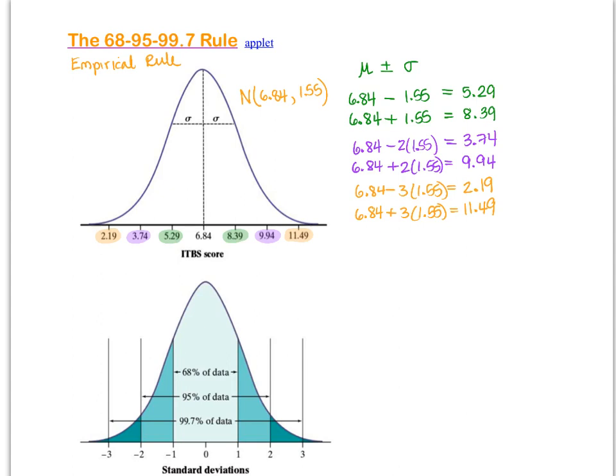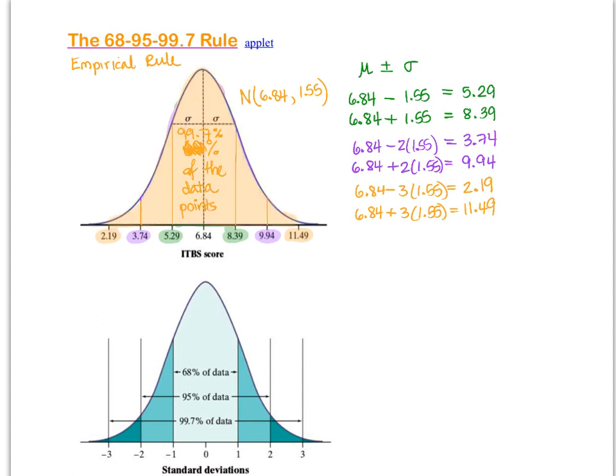So within one standard deviation of the mean, or between 5.29 and 8.39, we expect to see 68% of the points of our data. Within two standard deviations on either side of the mean, we can expect to see a grand total of 95% of the observations. And within 3 standard deviations, we expect to see 99.7% of the data points.